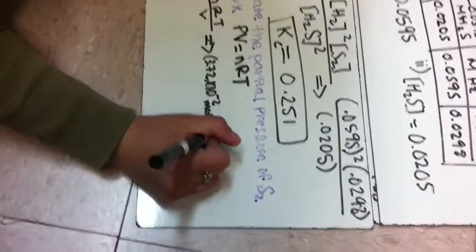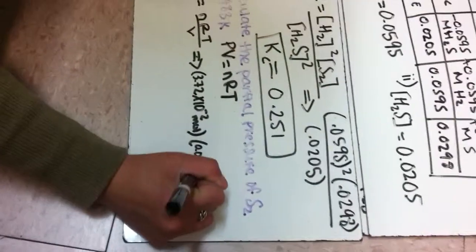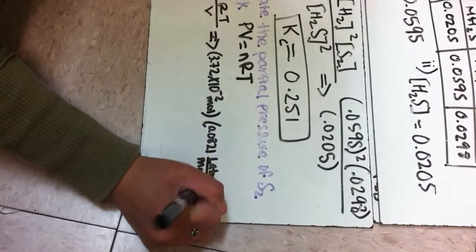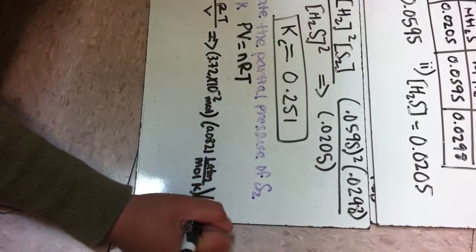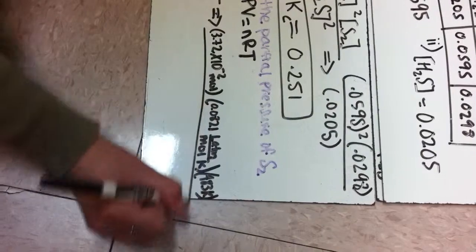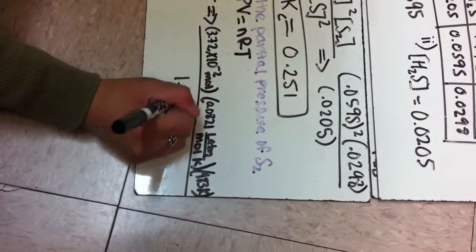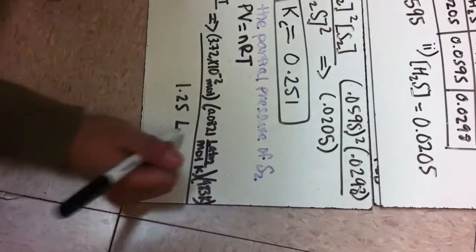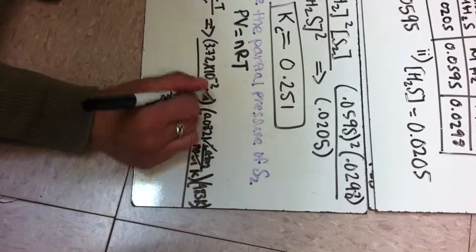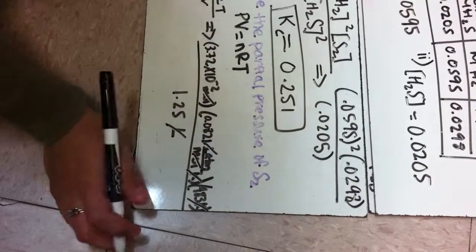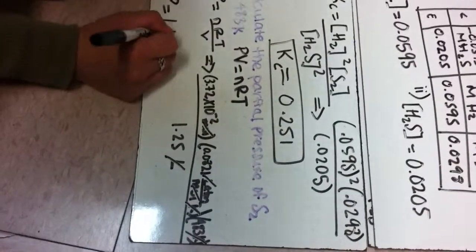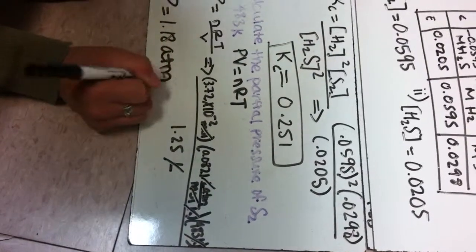Our R is always going to be 0.0821. And our 483 Kelvin, divided by our volume of 1.25 liters. We cancel out our units. Moles cancel out, Kelvin cancels out, and liters cancel out. This leaves us with pressure equaling 1.18 atm.